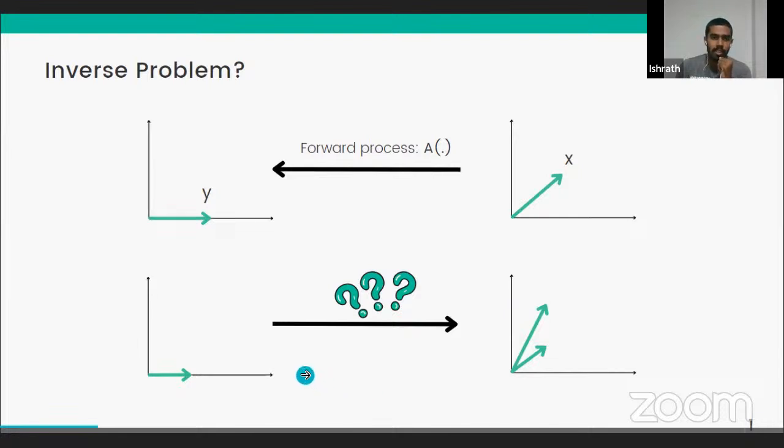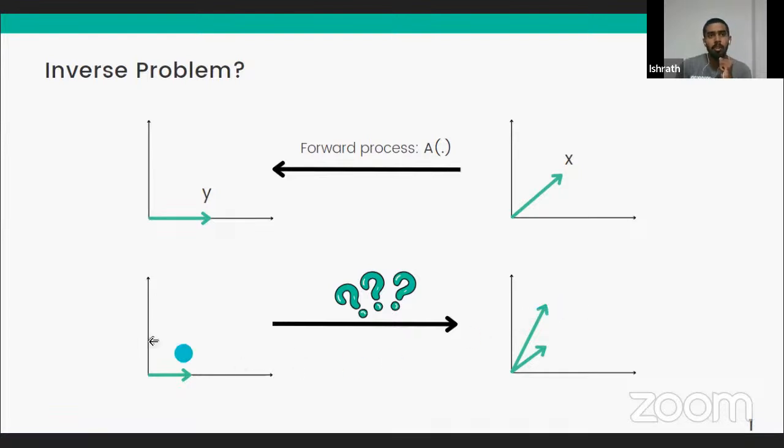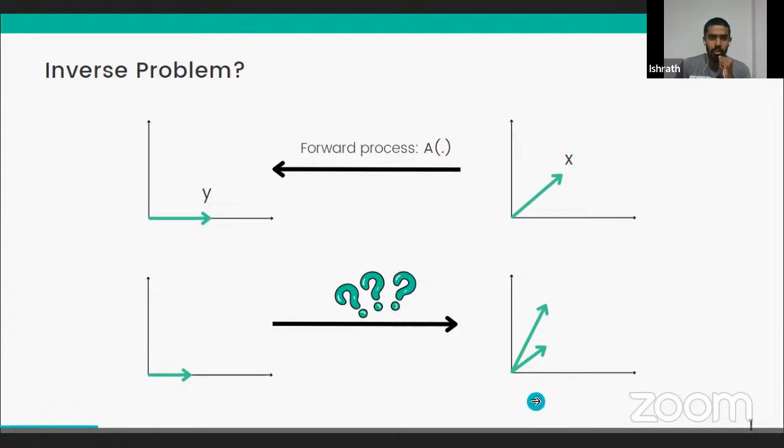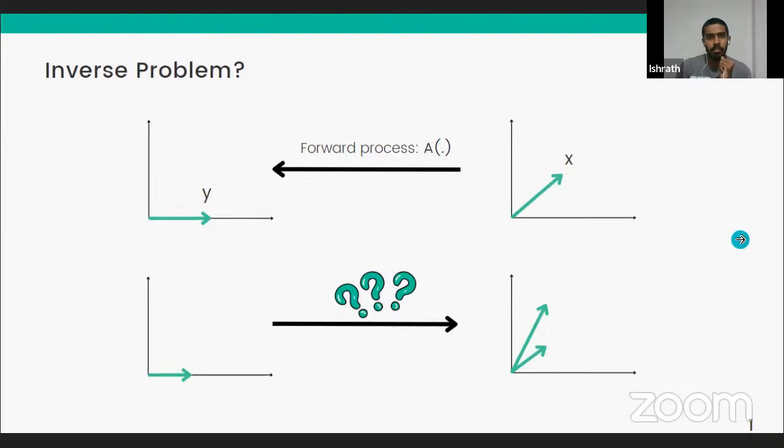So how can we estimate the corresponding ground truth x? That is the problem we are trying to solve in the inverse problem. If we have prior knowledge about the ground truth vector, then we can achieve a good estimation. That's an overall reminder of the inverse problem.